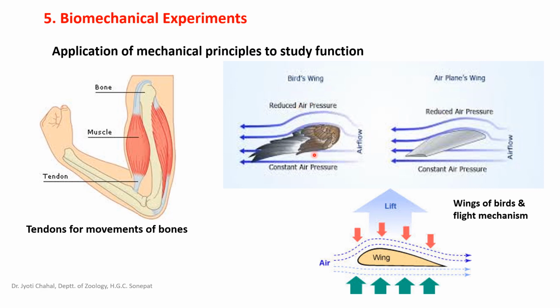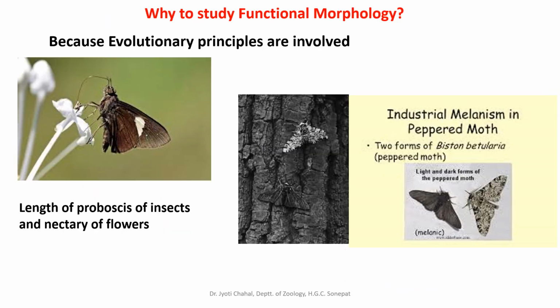So in both the cases the bird will move upward, and that will be upliftment, and aeroplanes are also based on the same principle. So this is how this concave shape of wing helps in flight. So that is again functional morphology.